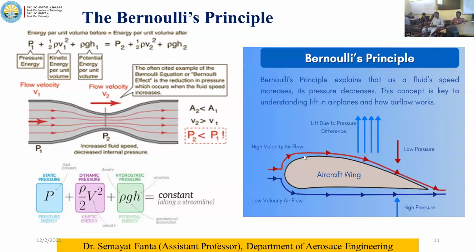The point where there is high velocity has low pressure. At the bottom, there is low velocity, and the point where there is low velocity has high pressure. Due to the pressure difference between the lower and upper surface, you get the lift. So lift generation is related to Bernoulli's principle, which is what we discussed in our previous course.